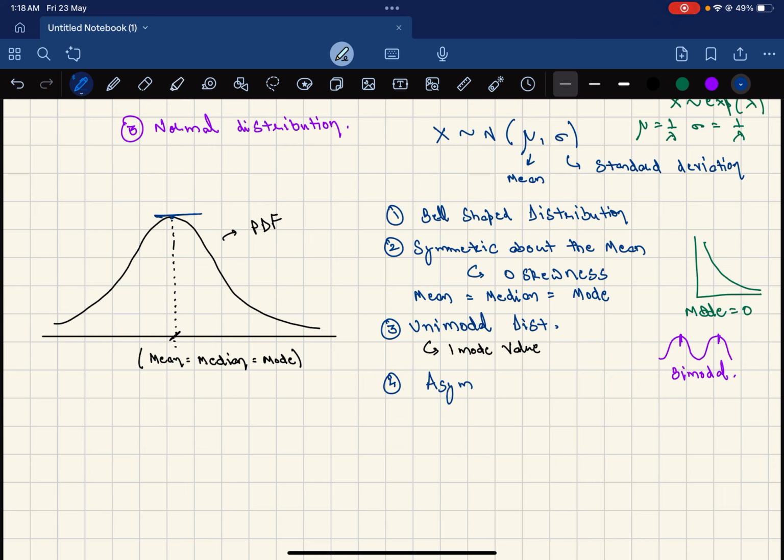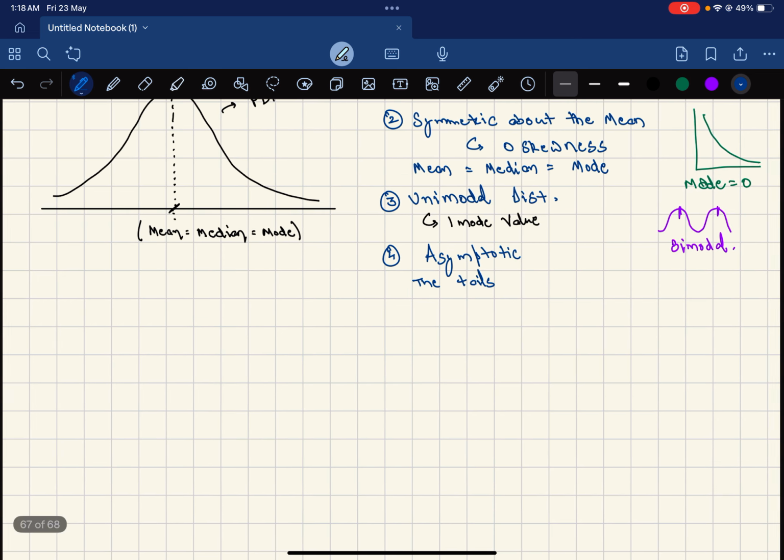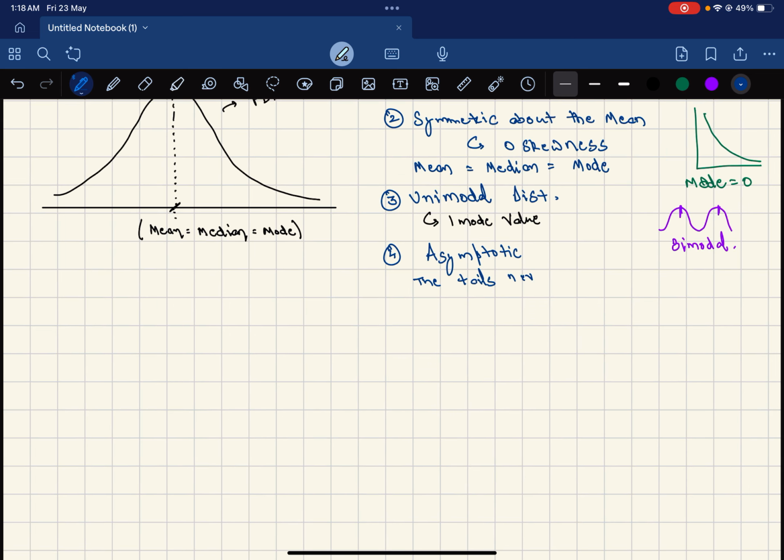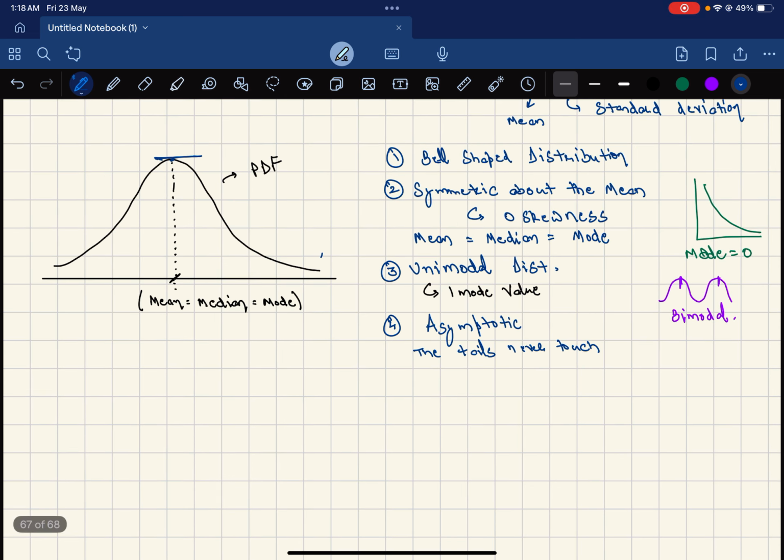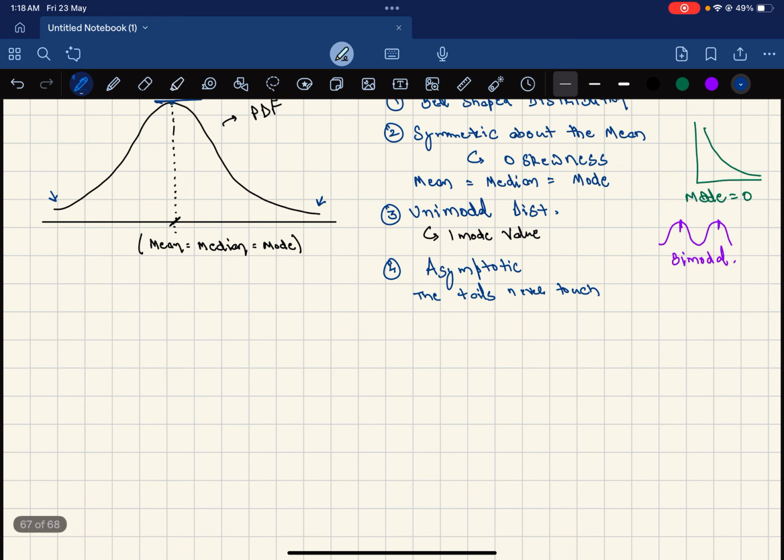Next, we will look at a term, asymptotic. So the tails never touch the x-axis. If you can see, when I am drawing the PDF here, the tails are not exactly joining the x-axis, but they go infinitely in both directions.